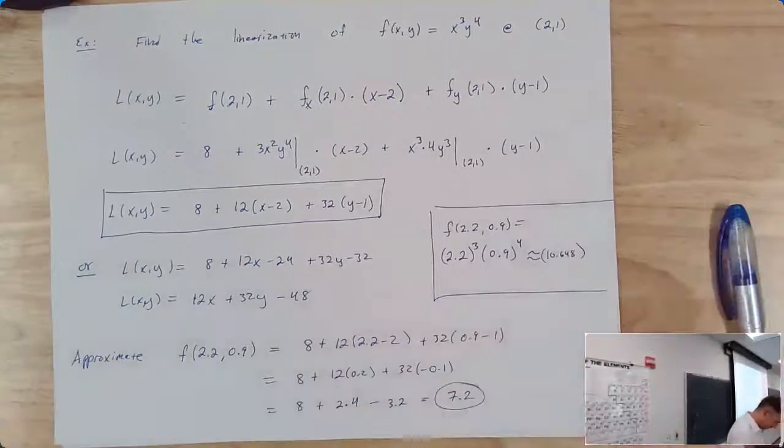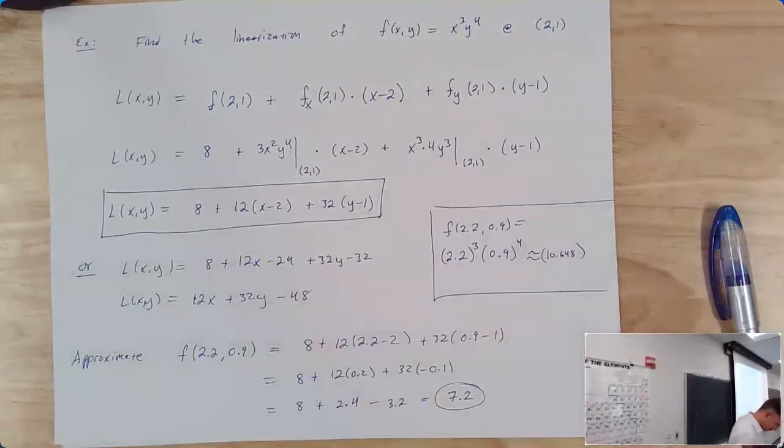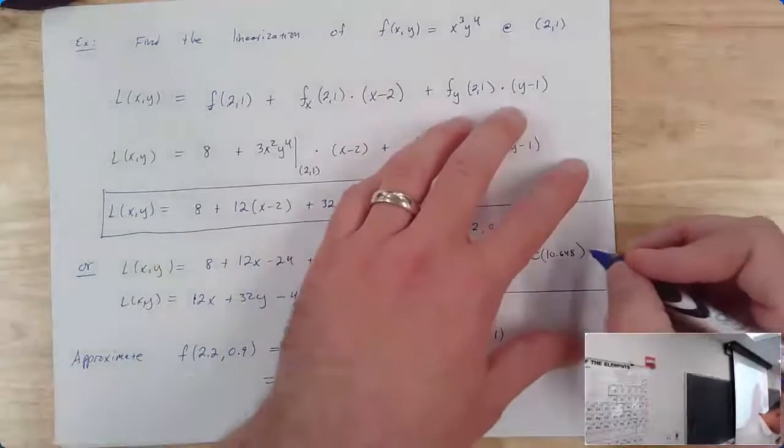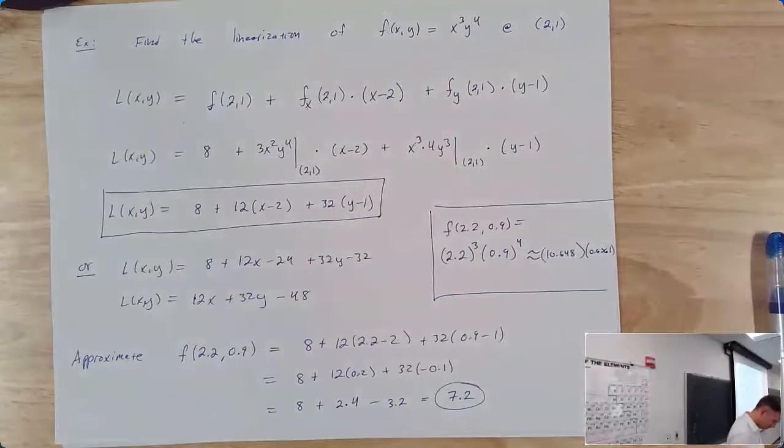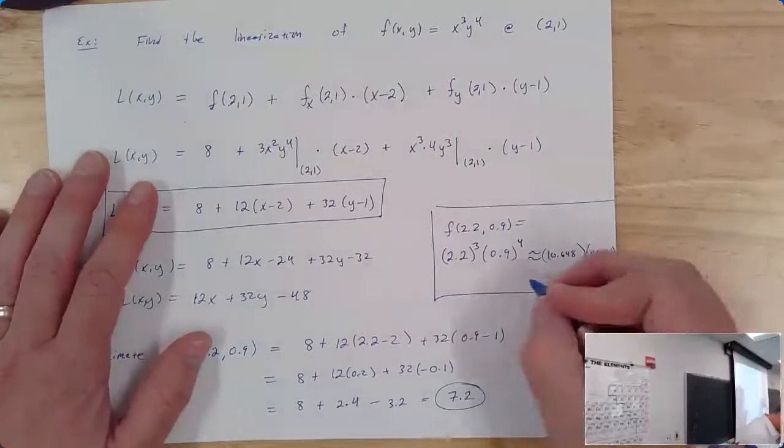And 0.9 to the fourth is 0.6561. If we multiply this together, we get 6.986.